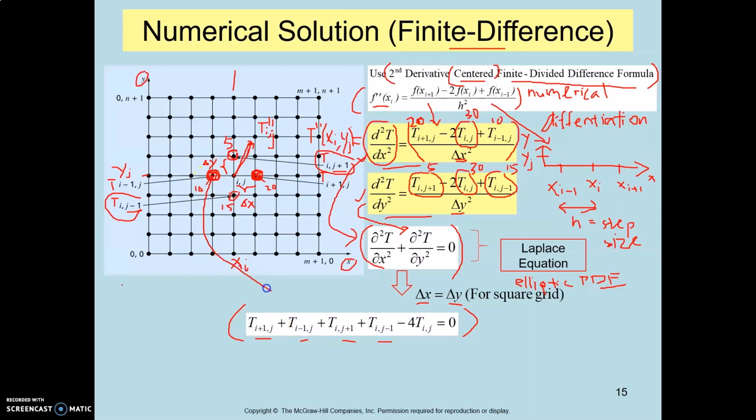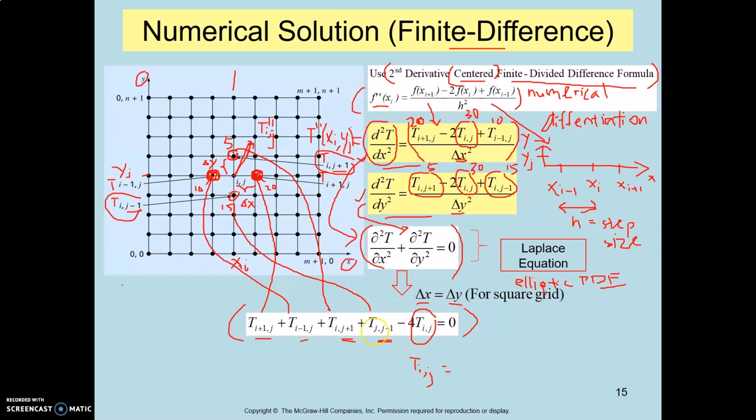This is i minus 1, this is i plus 1, and you need the temperature here, and also the temperature for these 2 points, j plus 1 is here, j minus 1 is here. Tij is unknown, that you are looking for. You don't know the temperature at this point.